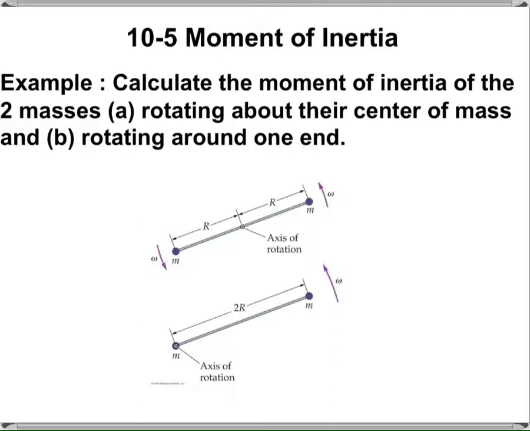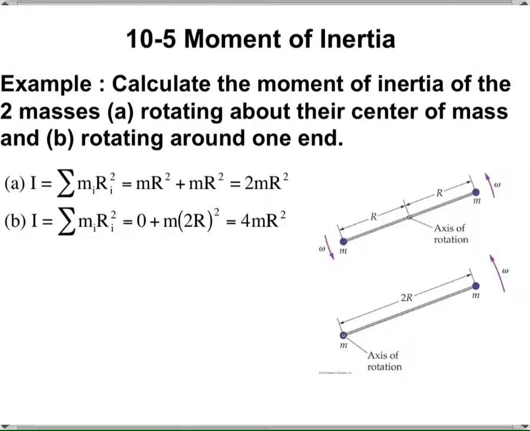We have defined the moment of inertia of a rotating object as its mass times the square of the radius that this mass is rotating around. So for the first case, I have to calculate this mr square for each mass separately, because each mass has a radius r to the center and is rotating with some omega. We multiply the mass times the square of the distance to the point around which the object is rotating.